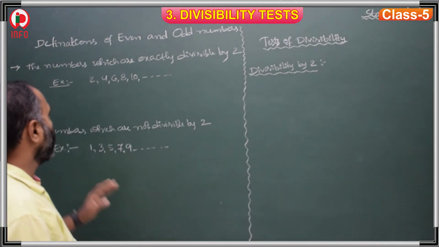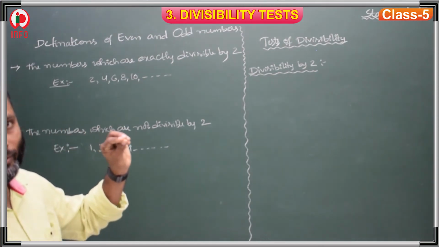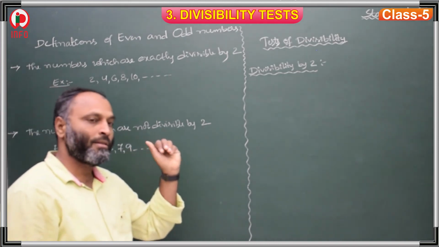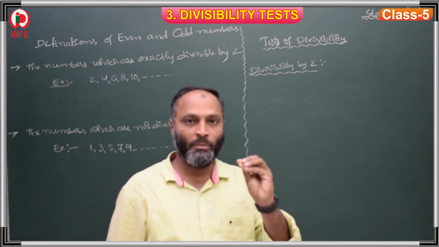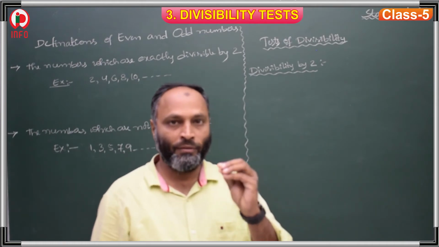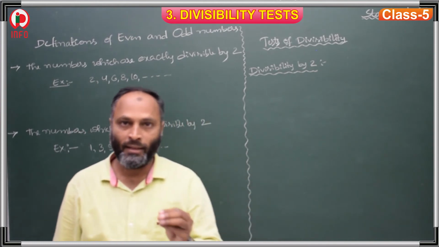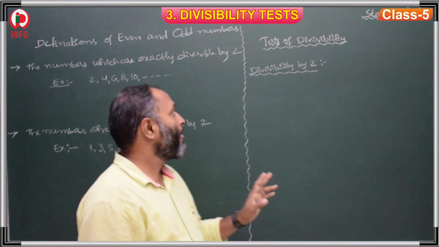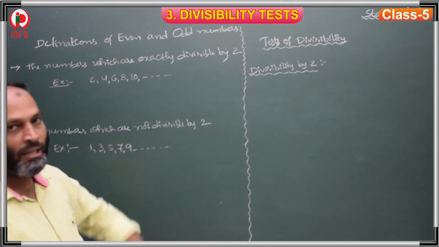Even number: first, the number which is exactly divided by 2. Exactly divided means, as we discussed before, the remainder should be 0. If the remainder is 0, that means it exactly divides.